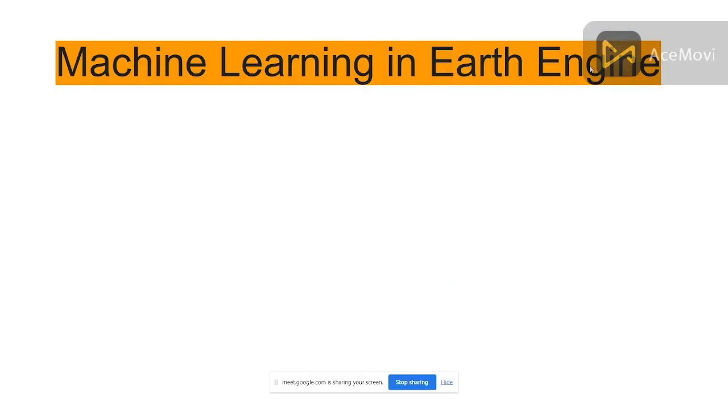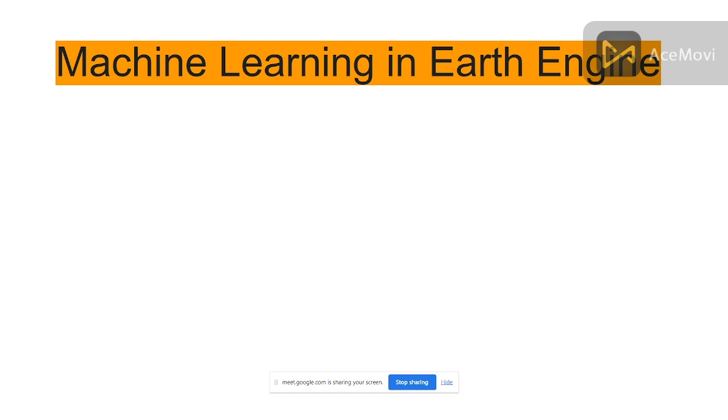Thank you. So first of all, machine learning in the Earth Engine platform. Here we can use different types of machine learning algorithms, such as supervised, unsupervised, as well as reinforcement. This type of machine learning we can easily use in the Google Earth Engine platform. So what is machine learning?